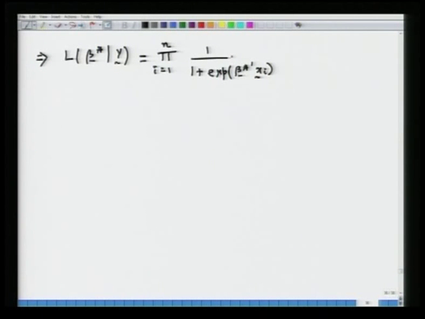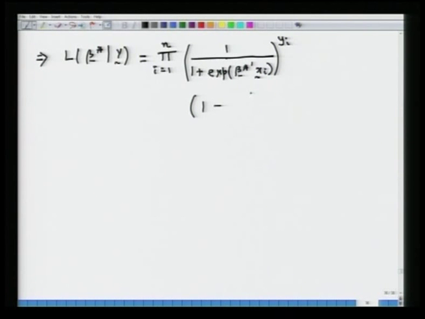So, this will imply that the likelihood L(β*) given this y vector is equal to the product over i equal to 1 up to n of p(π=1 | x_i), which we are now writing as 1 upon 1 plus e to the power of β* prime x_i, that to the power y_i, multiplied by 1 minus this quantity.